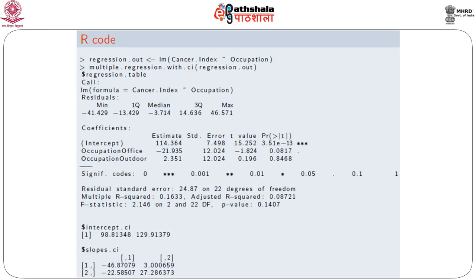Now, next, here we have used the LM function to use occupation, which is the categorical variable, as a predictor variable and fit a regression line. The response here is cancer. So, if you look at the parameter estimates, we have the intercept, which is beta 0, occupation office, which is our beta 1, and occupation outdoor, which is beta 2.